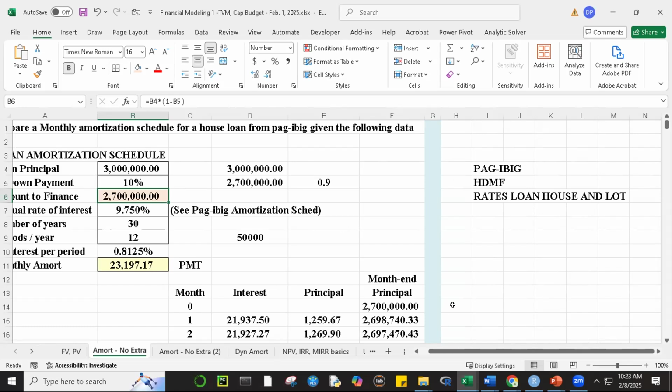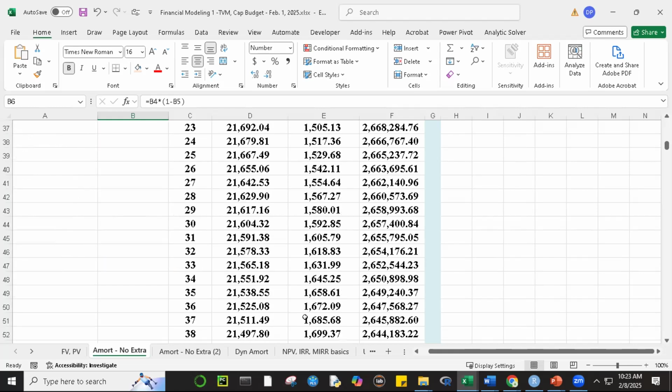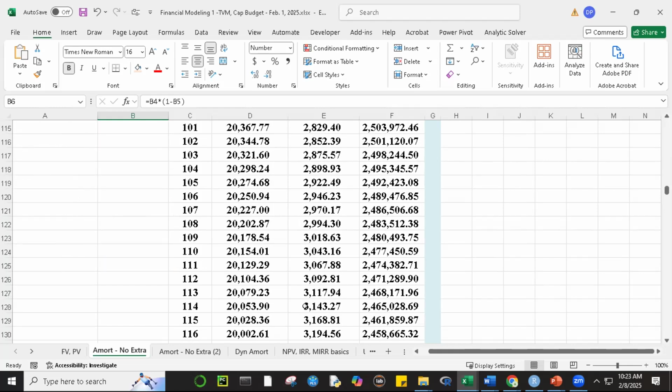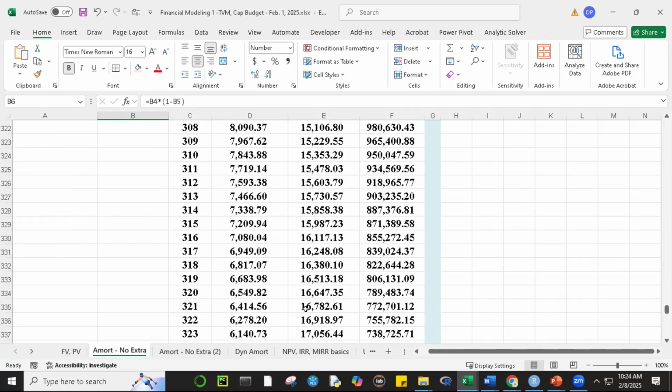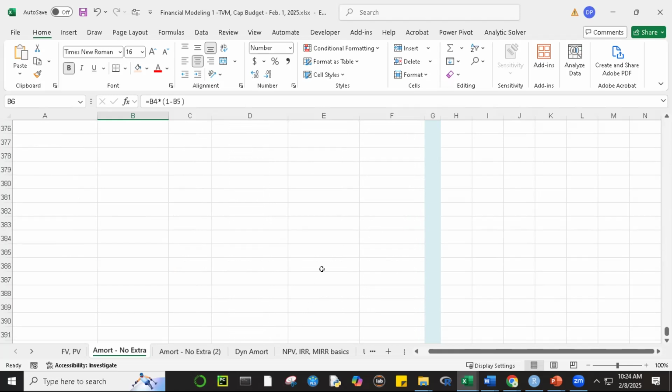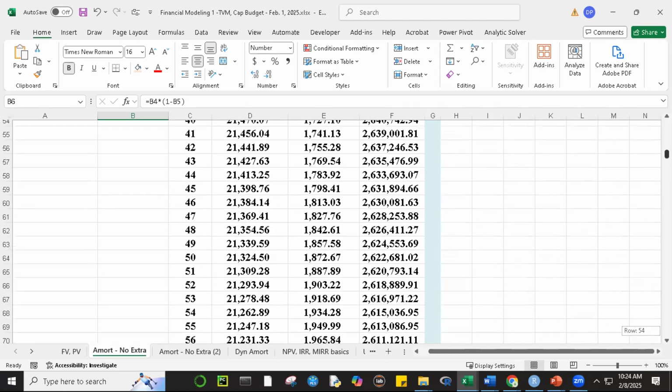And then this table will tell you how your payment will look like every month.